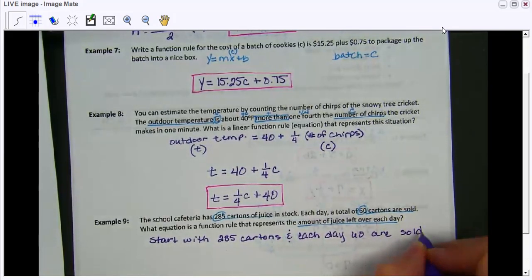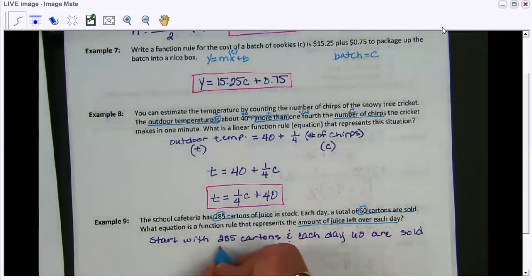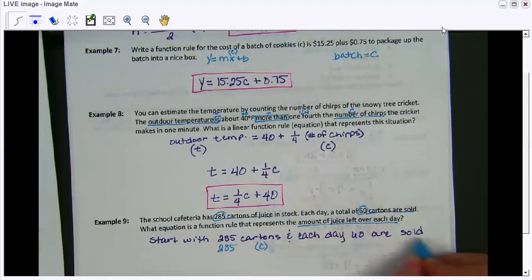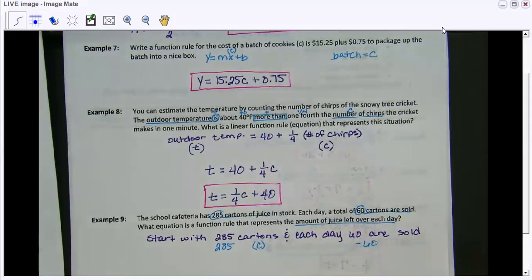Okay. So let's look at this. We have 285. I'm going to represent cartons with C, and each day 60 are sold. So that means that's 60 here. And the 60 that are sold is each day.